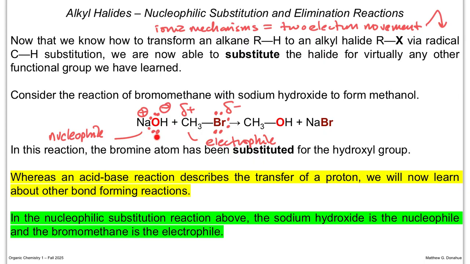That supplies electrons, that accepts them. But we use these terms more for describing the substitution mechanism. The electrophile always has the group that's going to leave or is substituted. So that's called the leaving group.